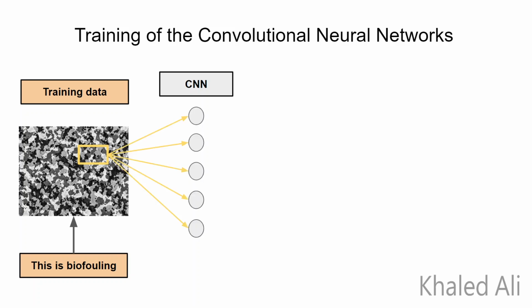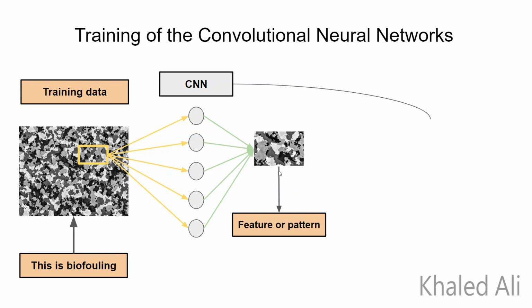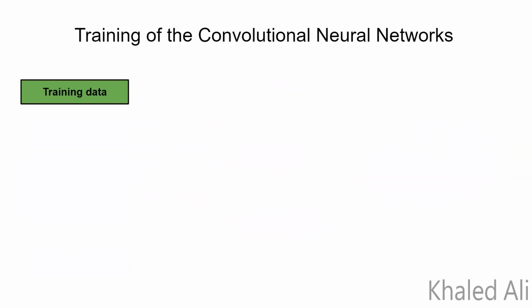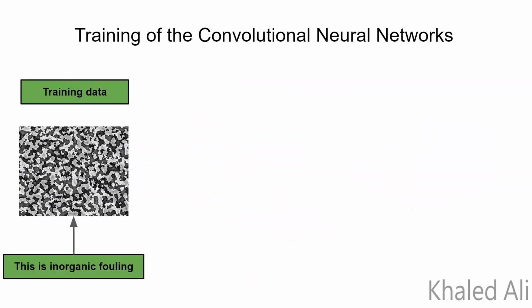CNN will extract a feature or pattern in the image and will store this pattern. Then, by the label of the image, CNN will know that those patterns are for biofouling. The same for inorganic fouling. We will train the convolutional neural network by telling it that this image is for inorganic fouling.